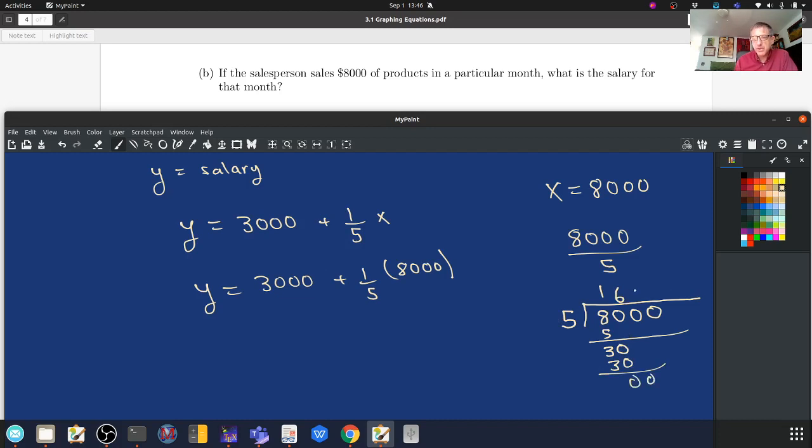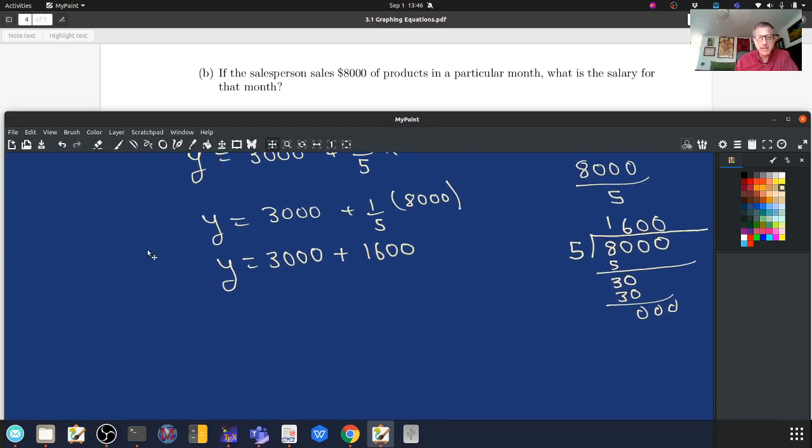Bring down my 0. Bring down my 0. So this is super simple. I know it's done faster with the calculator, but you won't have calculator access when we go back to live classes. And I really don't want you to have them too much when we're taking exams.